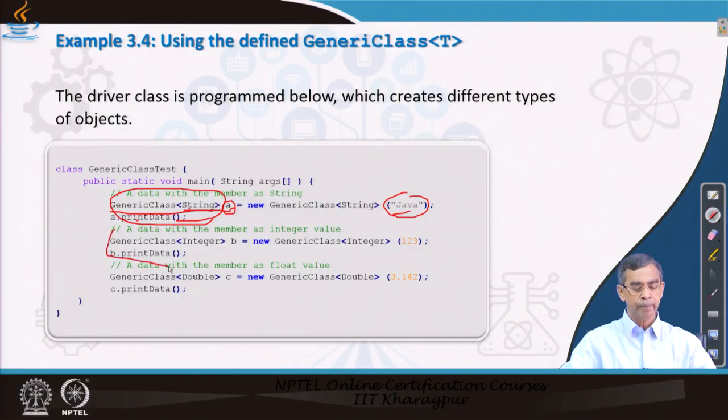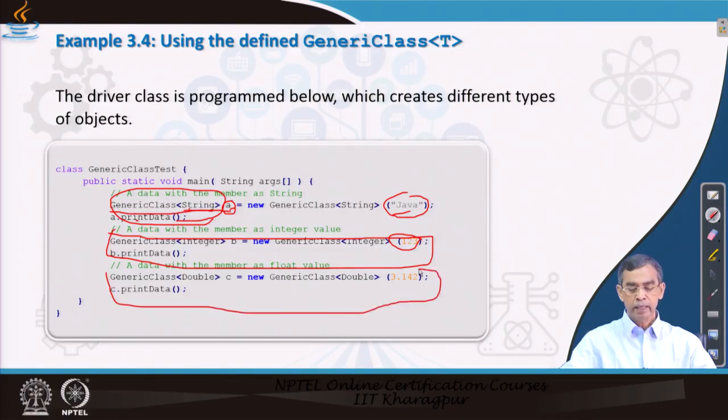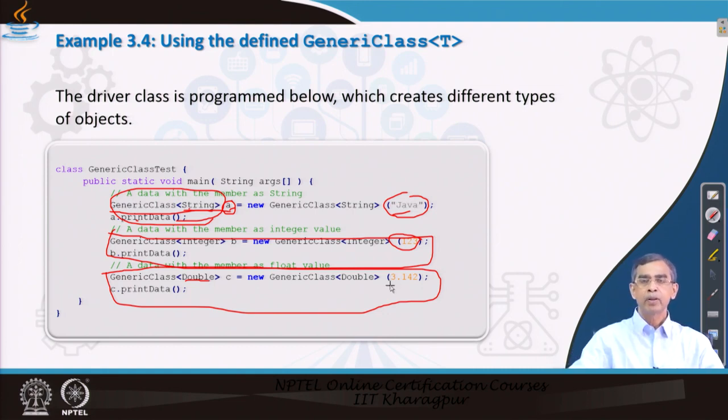Now, the next one basically does the same thing, but for numeric values. In the third one, again we create an object of the generic class, but for floating point values. So what we can see is that we declare one class as generic, and whenever we create objects of that class, any operation in it can be called for that type.